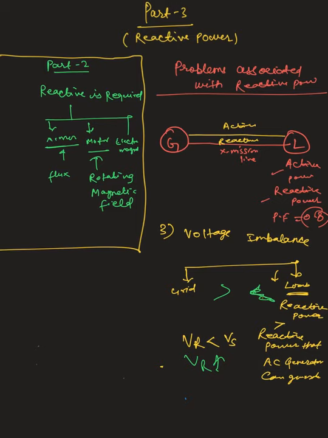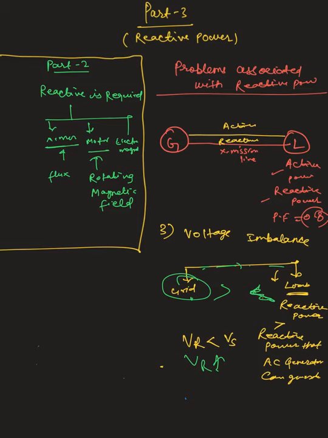So because of the flow of the reactive power in the transmission line, there is a voltage imbalance, because the demand of reactive power is very dynamic. For example, right now there may not be a reactive power demand, but suddenly due to switching on of so many loads, there is a huge reactive power that is demanded by the loads, and the grid is insufficient to supply that reactive power, and it will cause voltage imbalance.